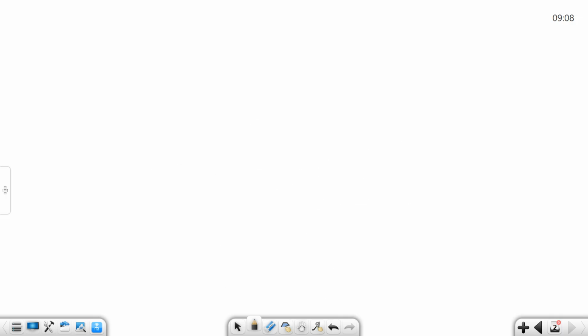Just refreshing your memory, as I'll refresh mine, A transpose takes the columns and writes them as rows, or you could say takes the rows and writes them as columns. So A currently looks like this, which is a 2 by 3 matrix, 2 rows, 3 columns.